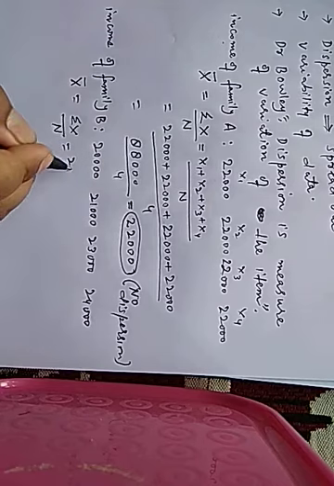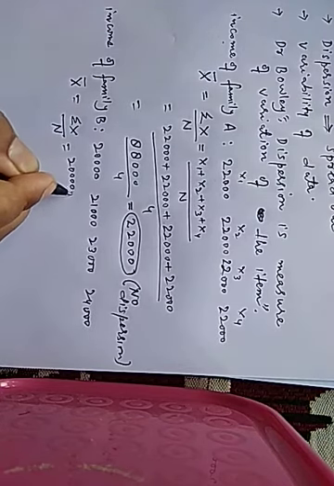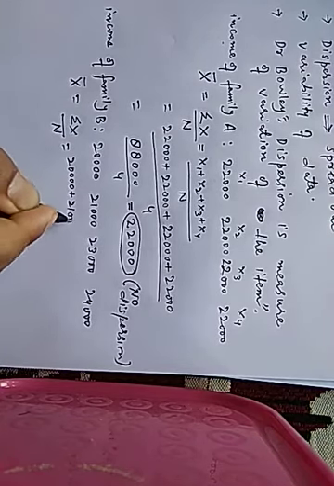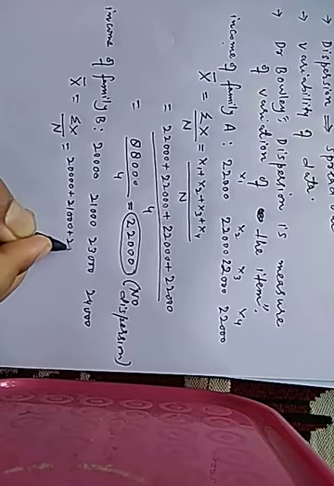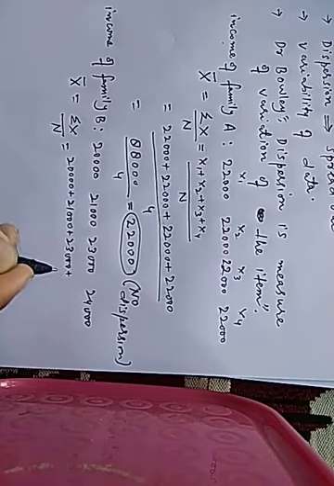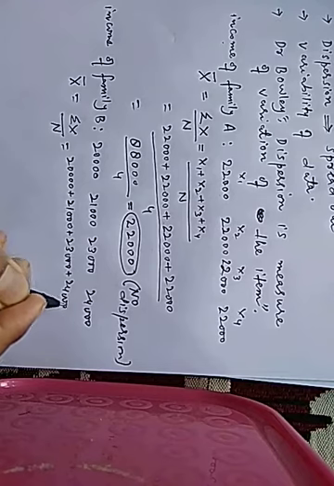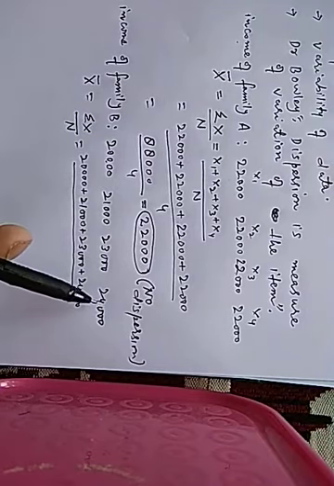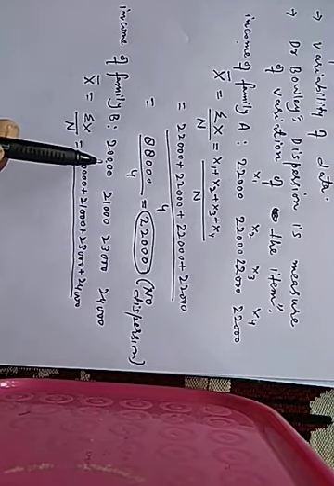It will be 20,000 plus 21,000 plus 23,000 plus 24,000 divided by n, number of observations. In family B, there are 4 family members who earn these different incomes per month.